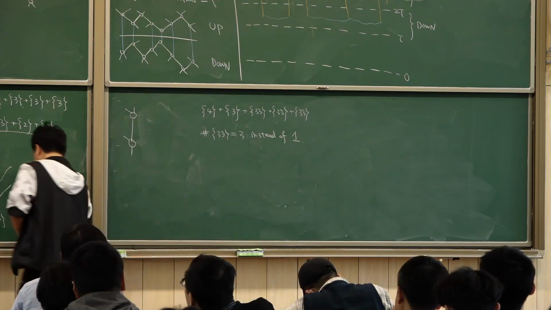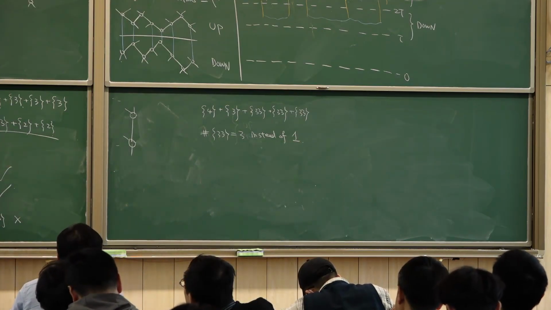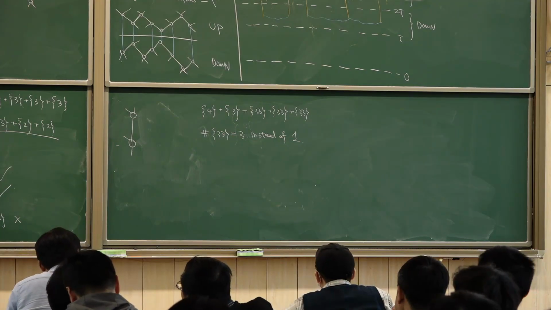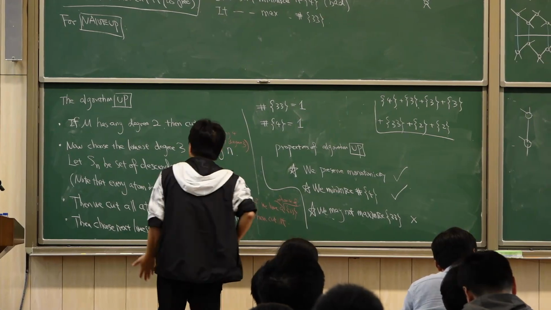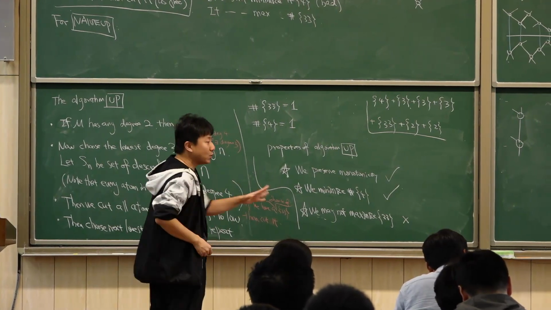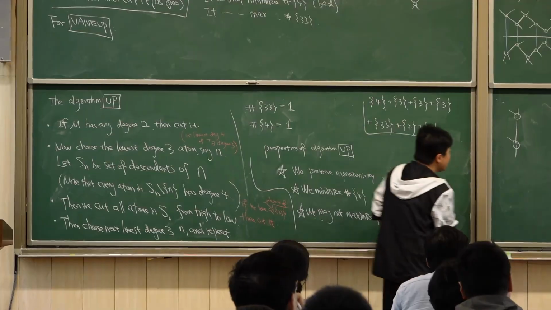And we are good. Of course, this cannot be deduced from the up algorithm. We still need to make some clever choices in the algorithm up. So we need more work.